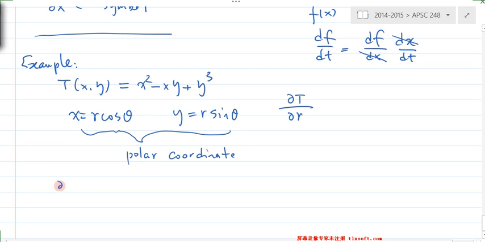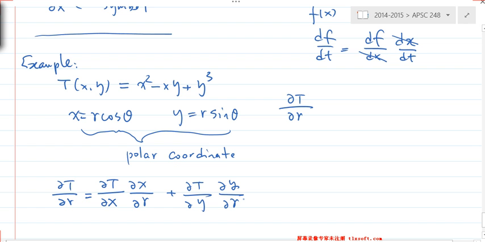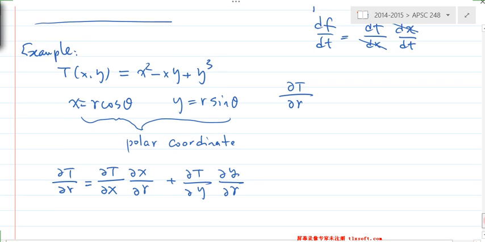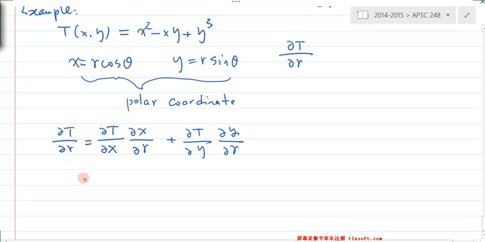Rule number 2, which means dt over dx first, and dx over dr, plus dt over dy, and dy over dr. So, calculate each one of them.